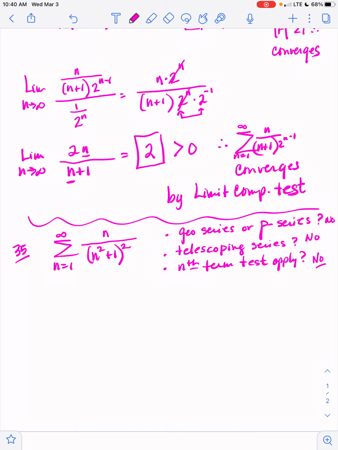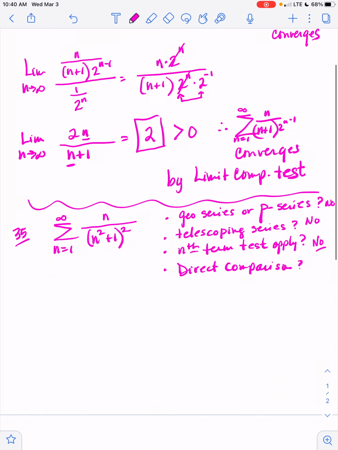The integral test. I could do the integral test, or I could do, what else could I do? Oh, I could do a comparison test. I did both of these. So I could compare, direct comparison. I could do direct comparison.